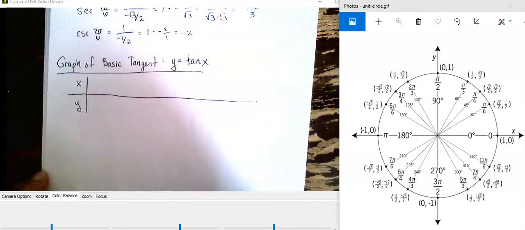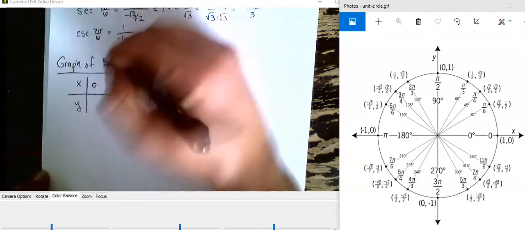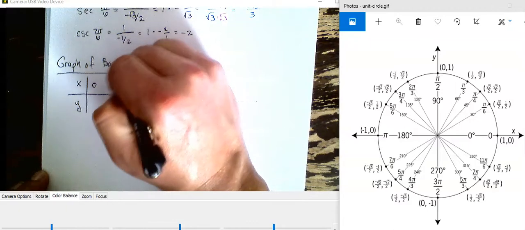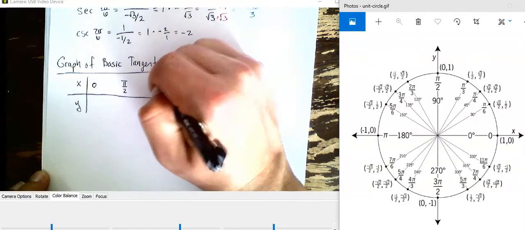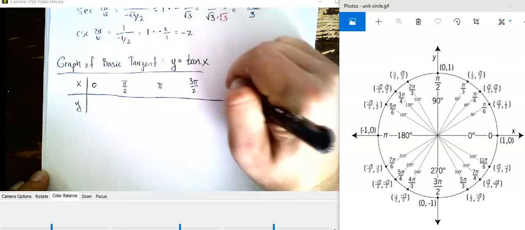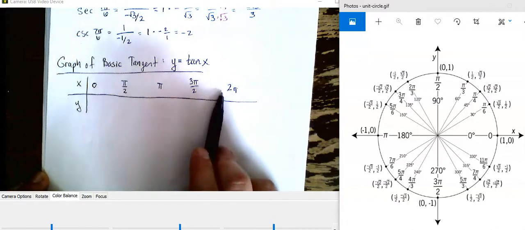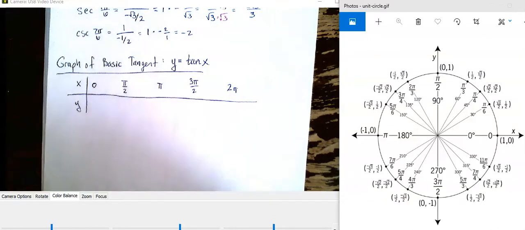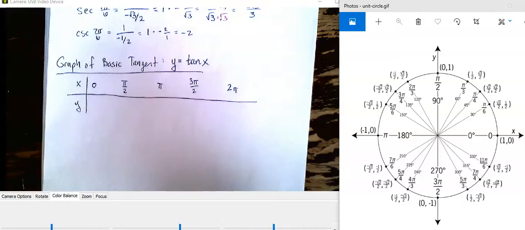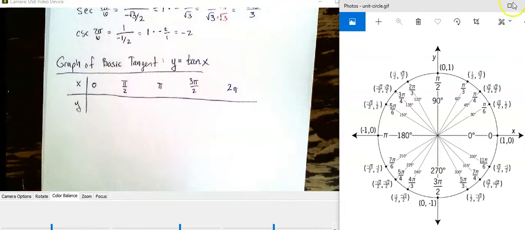Okay. So I'm going to use 0 here, and then pi over 2, pi, 3 pi over 2, and 2 pi. And I've left some space just in case we need to fill in some additional angles. All right, so let's go around and collect the tangents here. It's a little different because we can't really see the tangent here, so we're going to have to do sine divided by cosine to get those values.